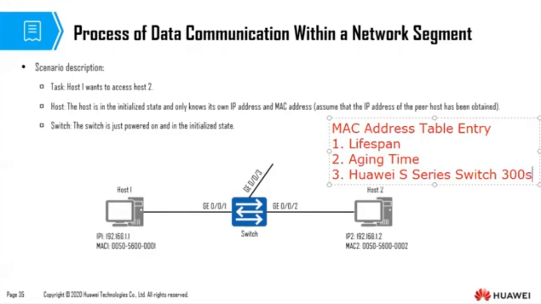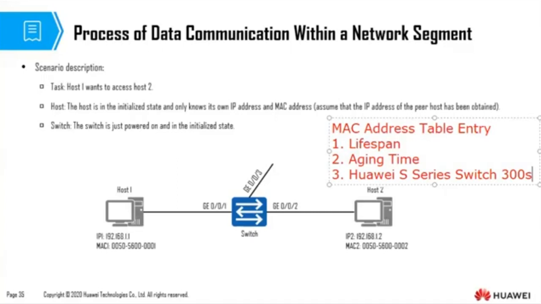This means that if within 5 minutes we have not received any frame with that source MAC address, then we delete that entry from the MAC address table. Now, that is just one instance in which the MAC address entry is deleted. The other instance is when you disconnect a device from a switch interface.